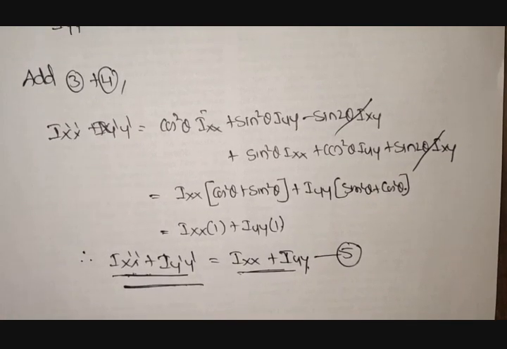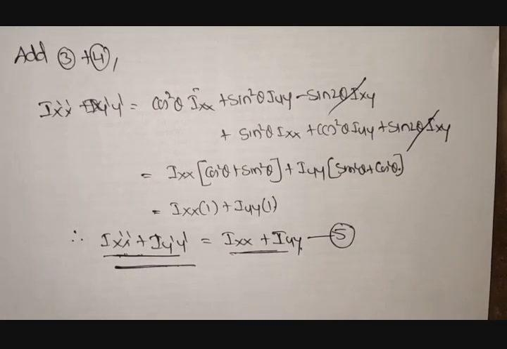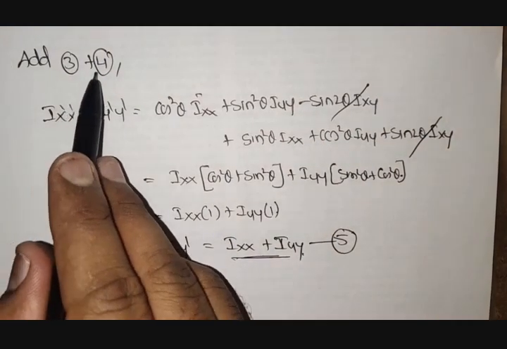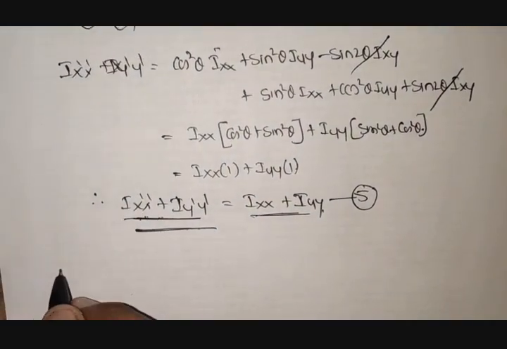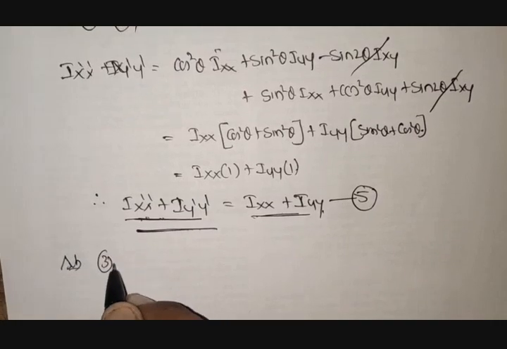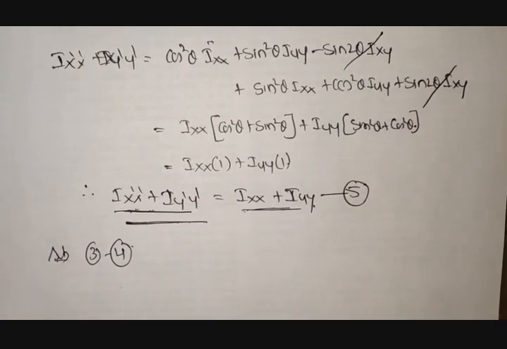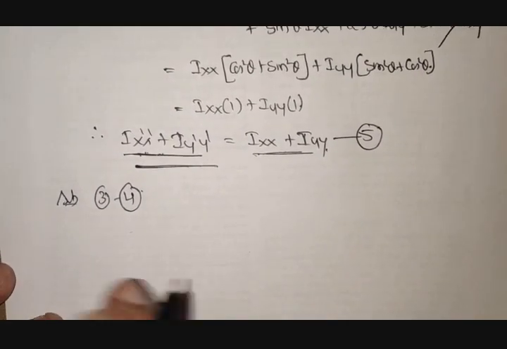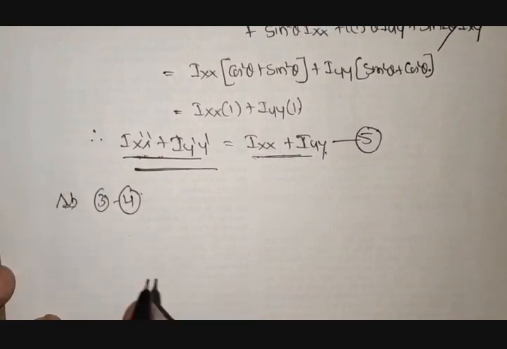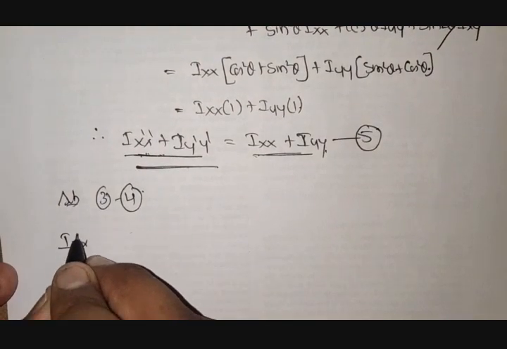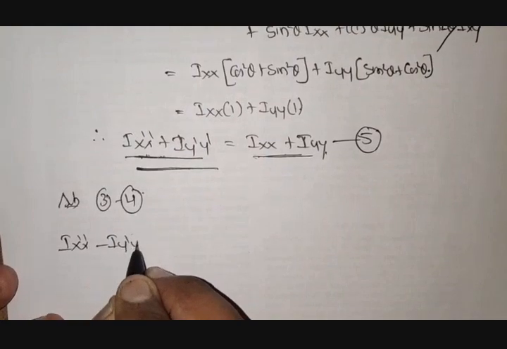So now we are going to neglect the sum. Now I am going to subtract 3 minus 4, nothing but Ix dash minus Iy dash.